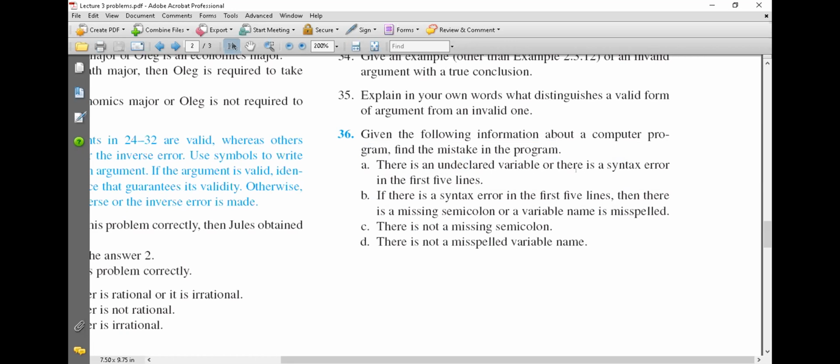So you think the error is that there is an undeclared variable. Maybe, but let's denote by variables and solve. It's your hypothesis, or you can prove it.